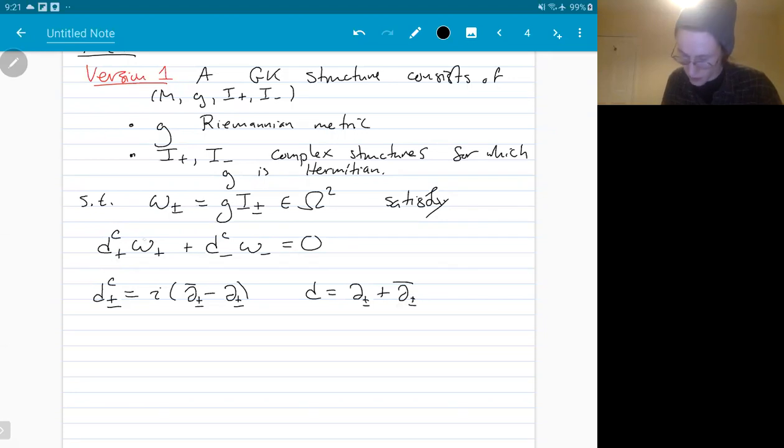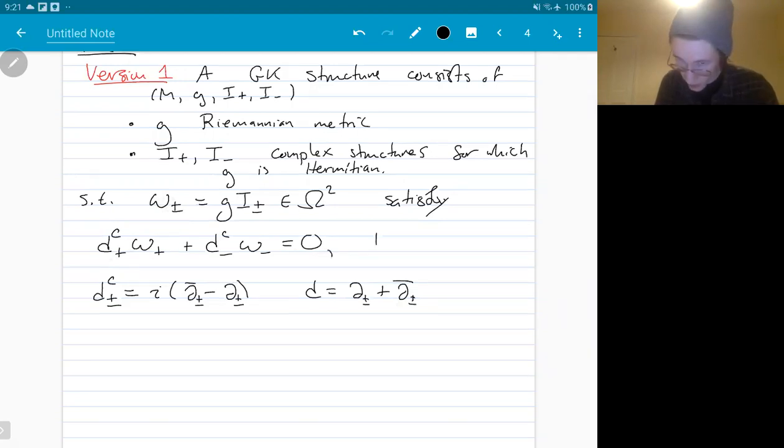That's essentially saying that, given omega plus and omega minus, we can take d^c of them to get a 3-form, and it's essentially the same form whether we do it for omega plus or omega minus. And then the second condition is that d of d^c plus omega plus, either plus or minus, is equal to 0.